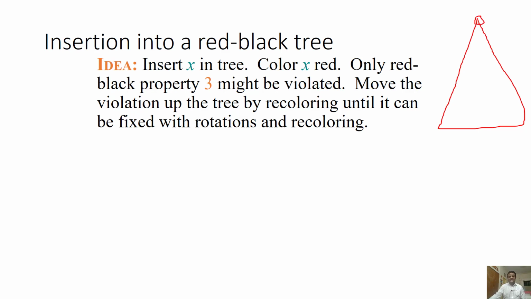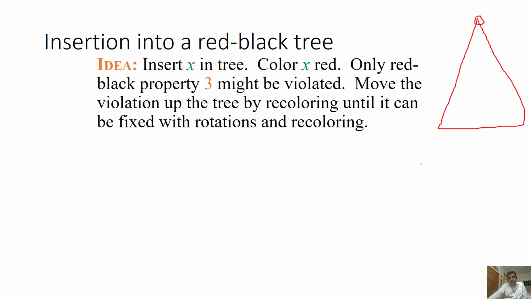If the value is less than, we go to the left part. If the value is greater than, we go to the right part, and then we keep on going. This is a recursive call until we reach a leaf node, and once we reach a leaf node, we insert that node, and we have the new nils, all these things.